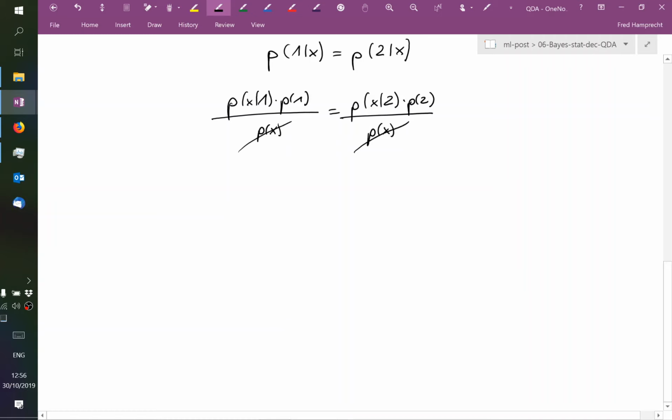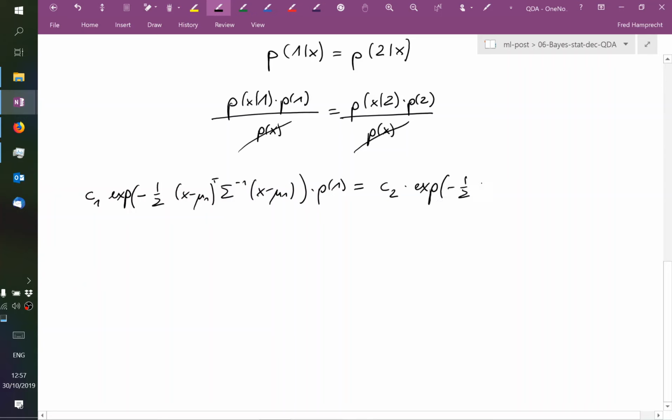I will have a normalization constant C1 times e to the minus 1/2 (x minus mu 1) transpose sigma 1 inverse (x minus mu 1) times p of 1. And on the other side, I have normalization constant C2 times the corresponding exponential times p of 2.